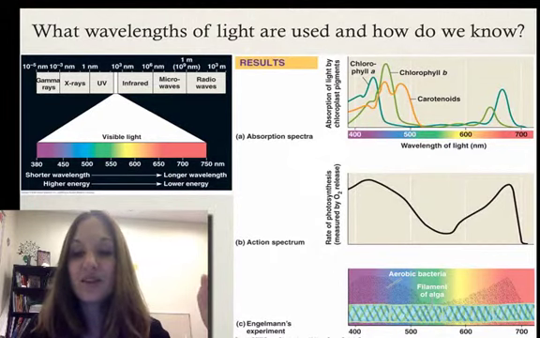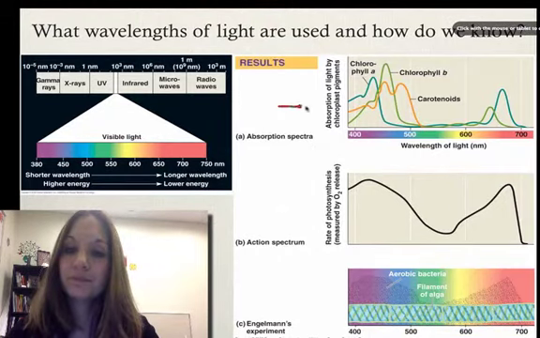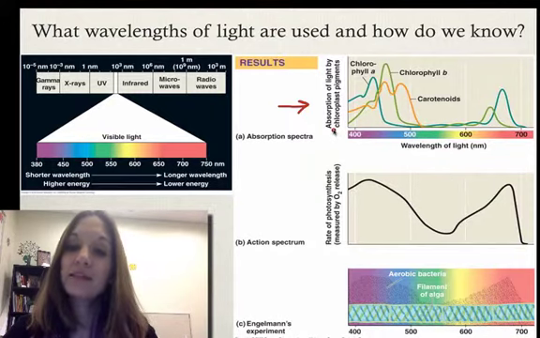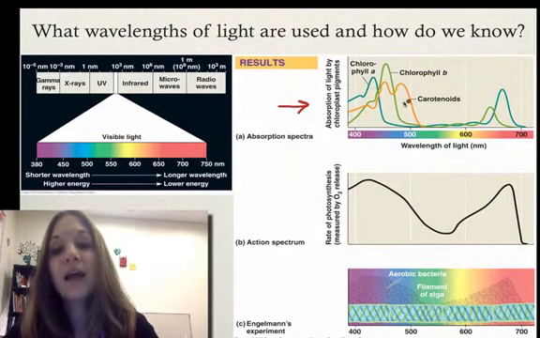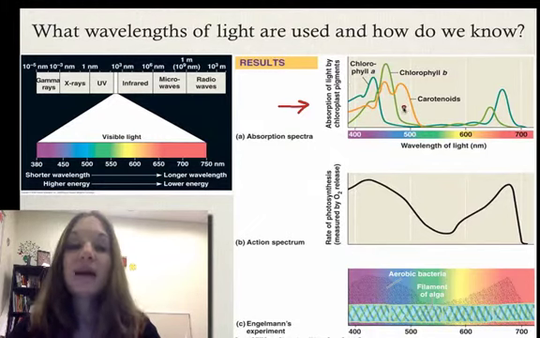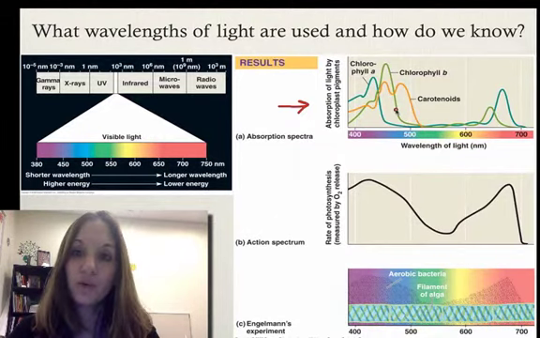So take a look at this graph here. Really elegant experiment. If we look at our first figure here, we can see the absorption of light by the different pigments in the chloroplast. We have chlorophyll A, chlorophyll B, and these carotenoids. And each one of these different pigments has its own range of wavelengths of light that it's optimized to absorb.